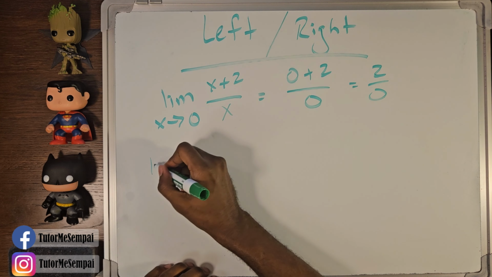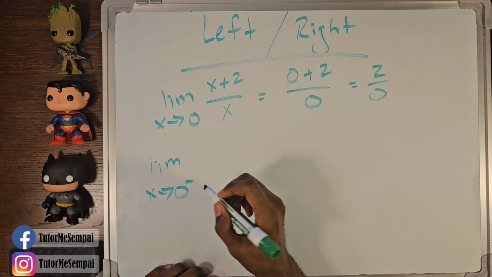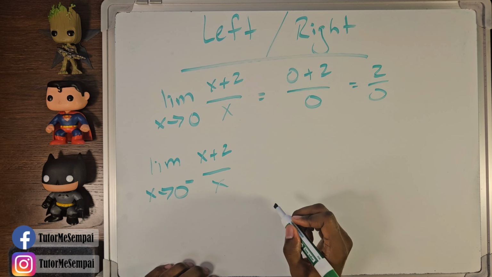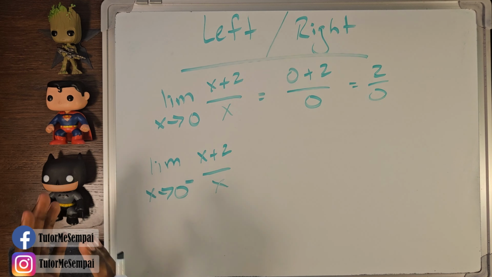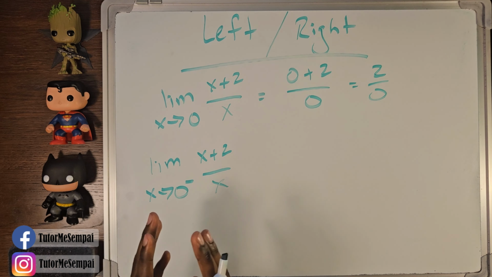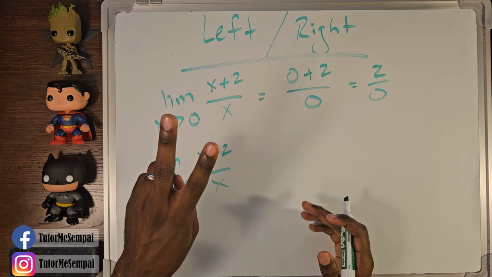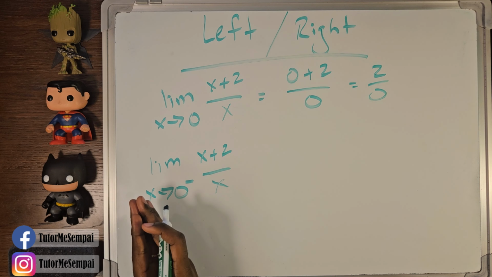So let's say we had the left hand limit as x approaches 0 from the left. We have x plus 2 over x. Now, x approaching 0 from the left means that we're negative and we're getting closer and closer and closer to 0. I say pick 2 points from the other side of 0.